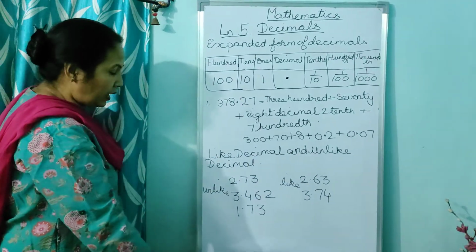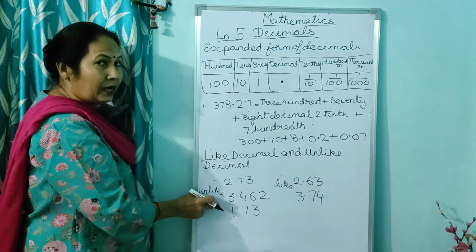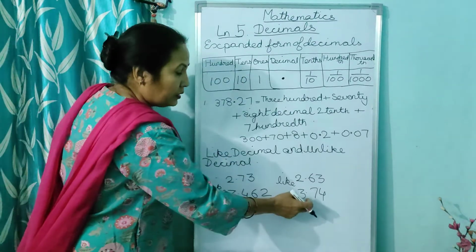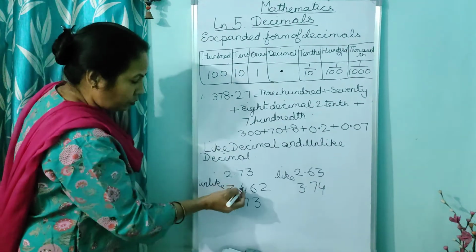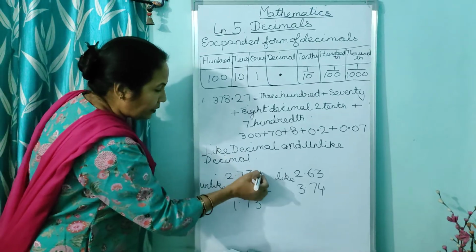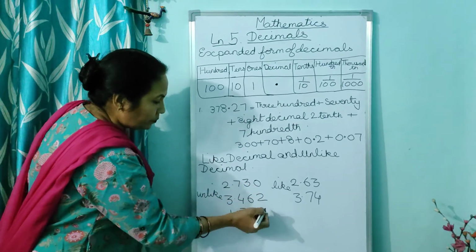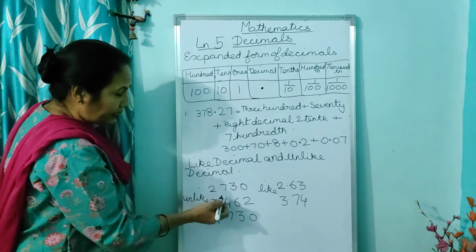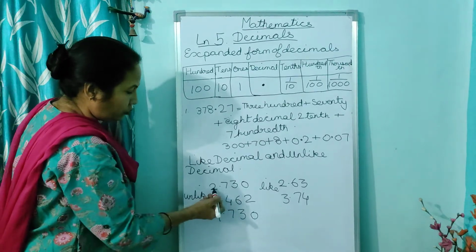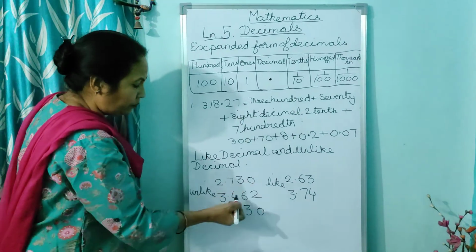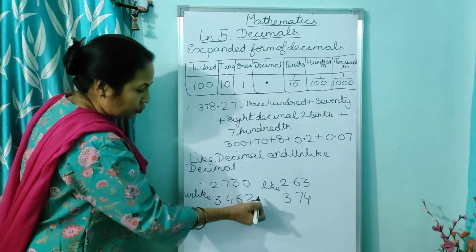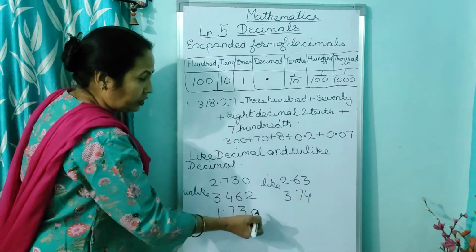Now you have to convert the unlike decimals into like decimals. What you do is you add a 0 here and you will get 3 places. So 2.730, 3.462 and 1.730.